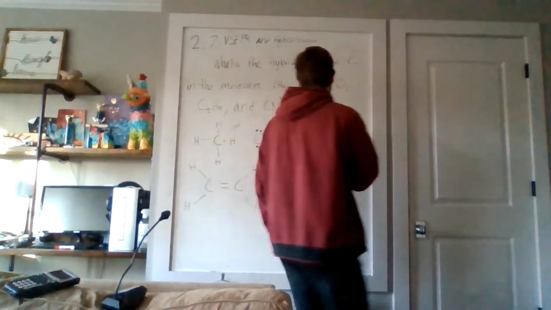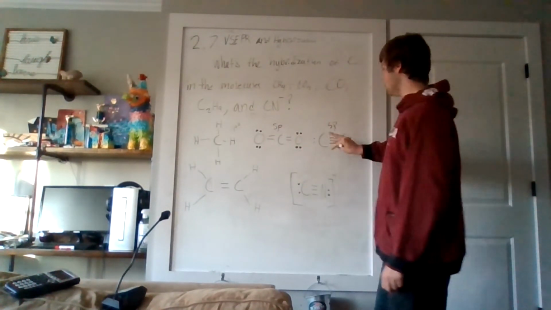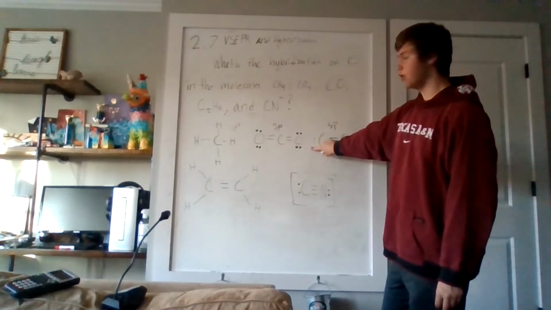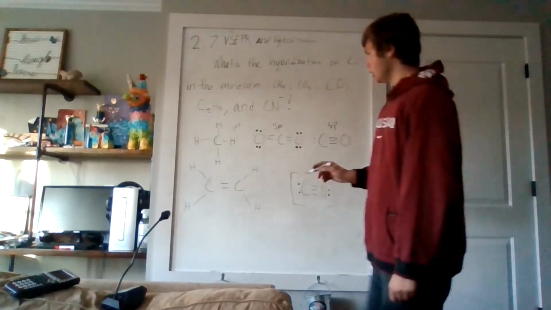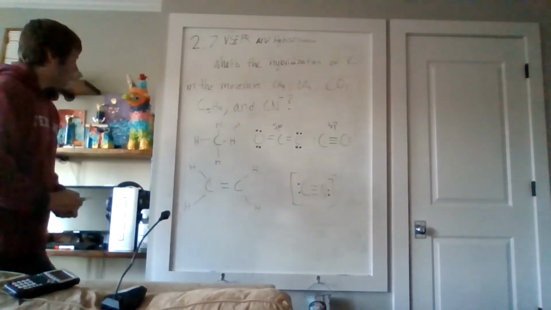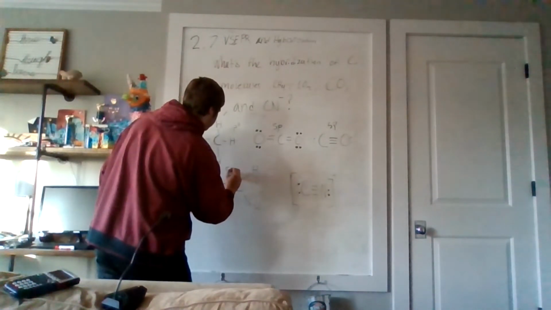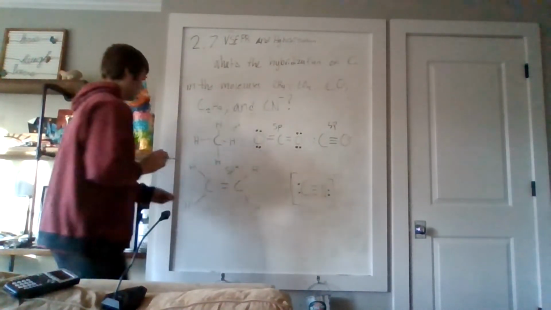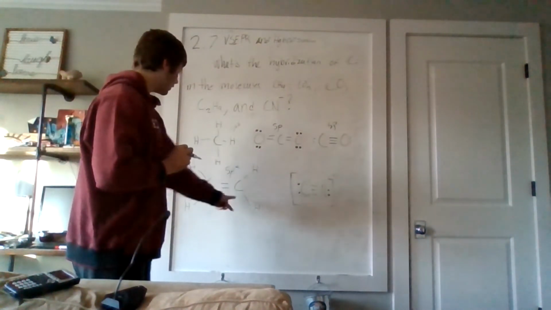For carbon monoxide, it would also be sp, because we have the triple bond here and the lone pair here, so two domains bond with the carbon. For C2H4, both carbons have the hybridization of sp2, because both of them have three domains: the two hydrogens and the other carbon.